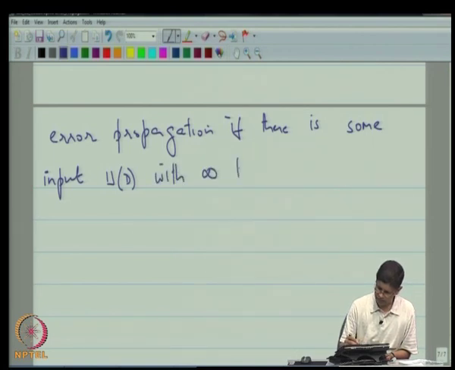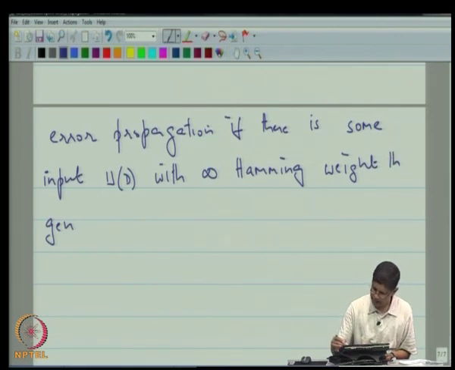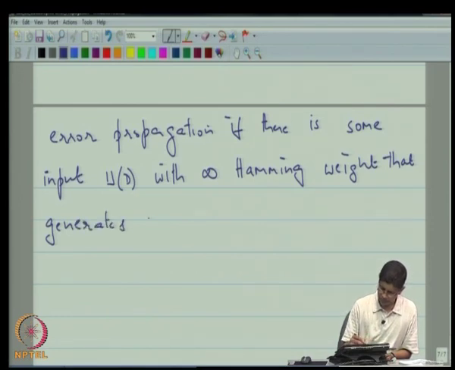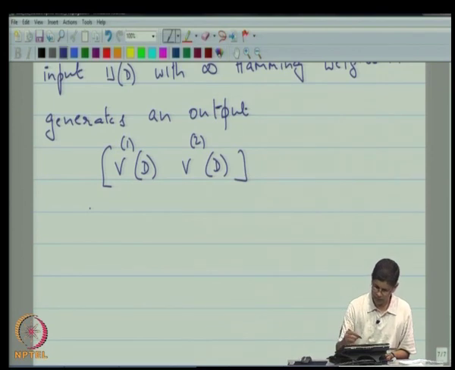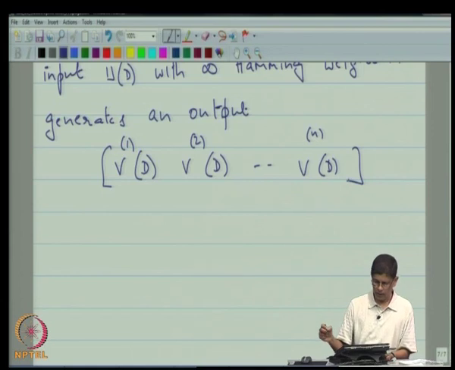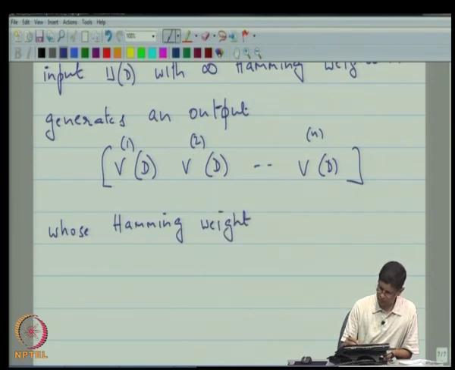with infinite Hamming weight, that generates an output V1 of D, V2 of D, or in general let us say that it is a rate one by n convolutional code whose Hamming weight is finite.